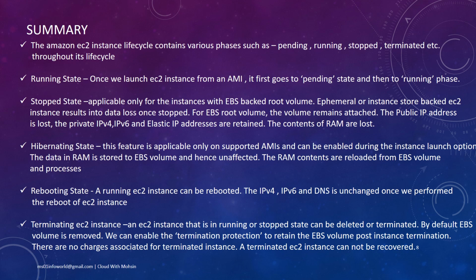If it has an ephemeral or instance store volume, then if we stop it, data will be lost. Once we have stopped an EC2 instance, its public IP address gets changed, but the private IP addresses and elastic IP addresses, if associated, will be retained.